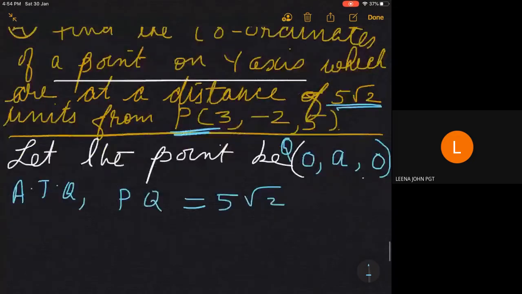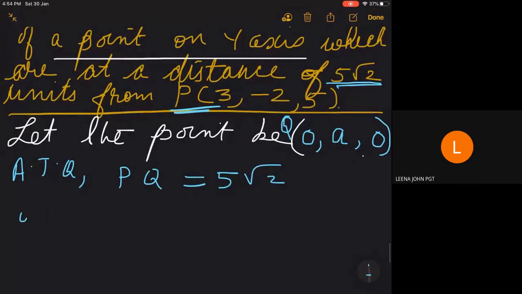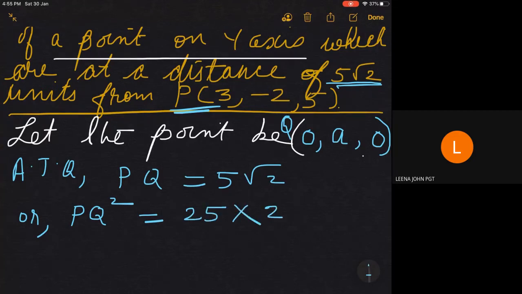That means you have to apply the distance formula. To avoid the square root sign, I am squaring both sides. PQ squared is 5 root 2 into 5 root 2, that is 25 into 2, so 50.